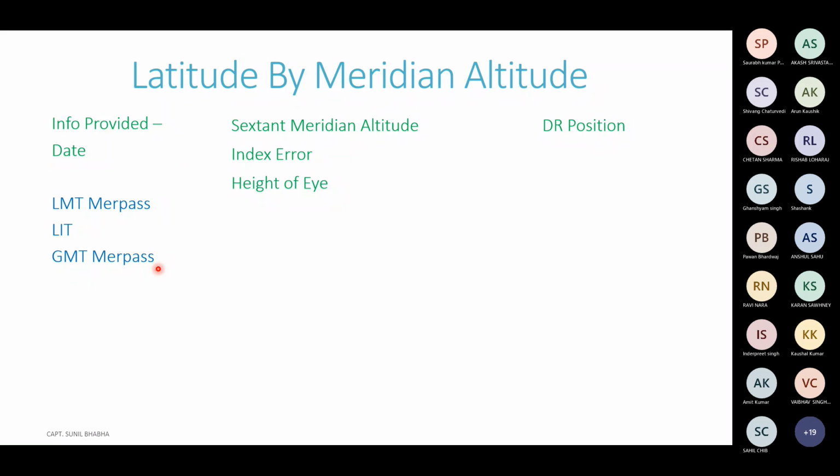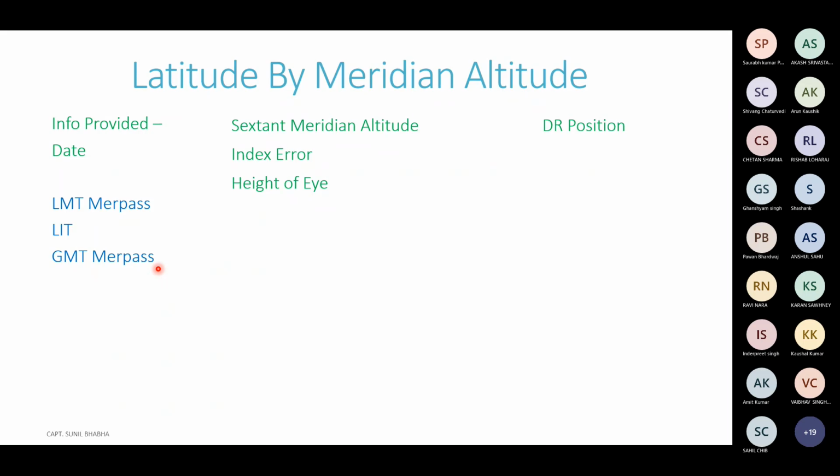Now one doubt may arise at this instant, what is to be done in case of stars? The meridian passage of stars is not given to us. Now fortunately in the case of stars, the Marpas time is not required at all. Why is it not required for stars?